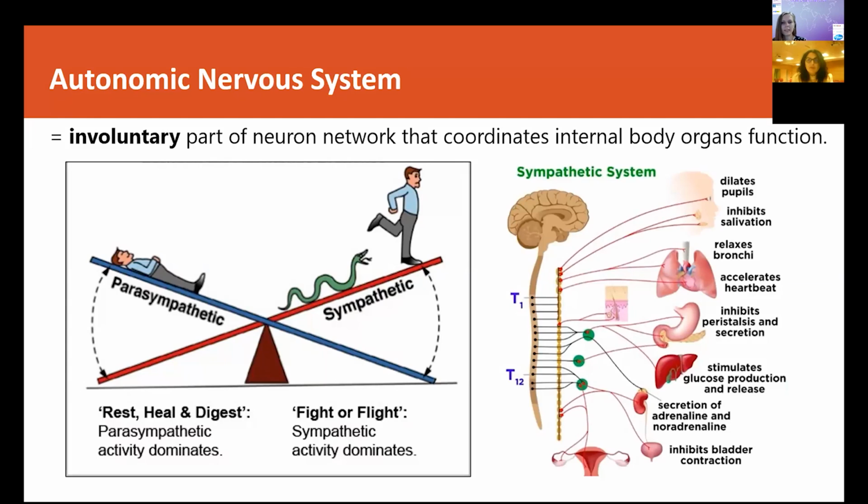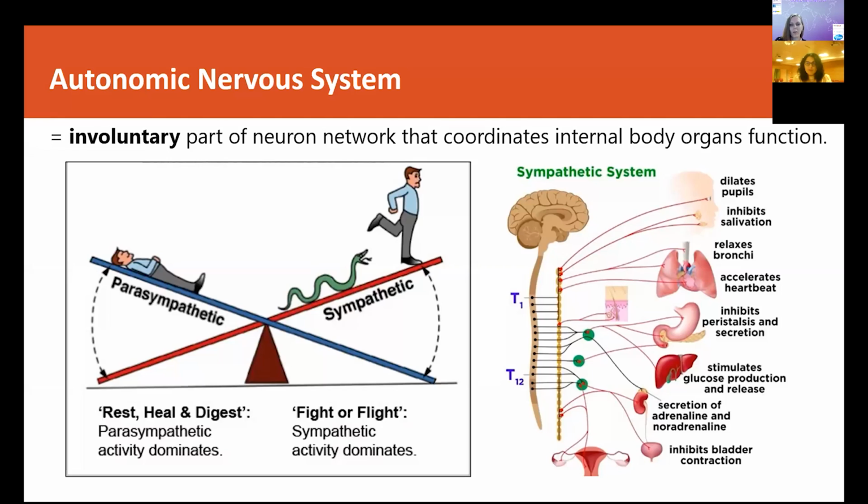And this is a diagram of the sympathetic system. You see the brain, the spinal cord, and you can see this network of nerves that transmit electrical stimuli to the different organs and activate them. The organs that we are not controlling with our minds, which are activated by the sympathetic or parasympathetic parts of the autonomic nervous system, are the heart, lungs, gut, liver.